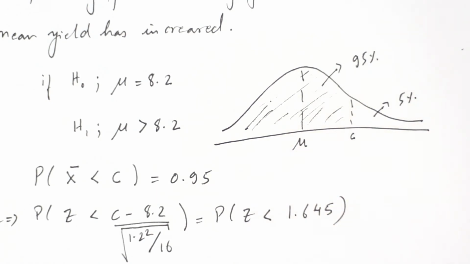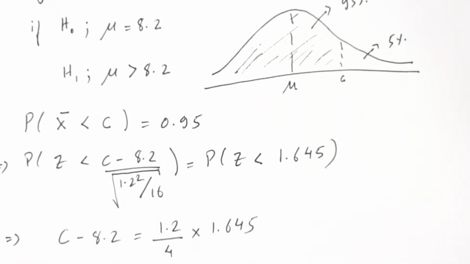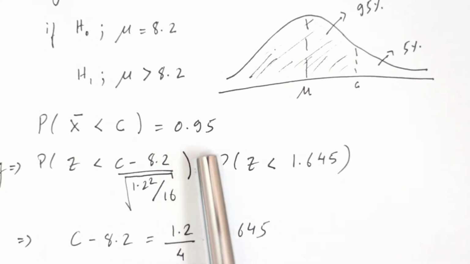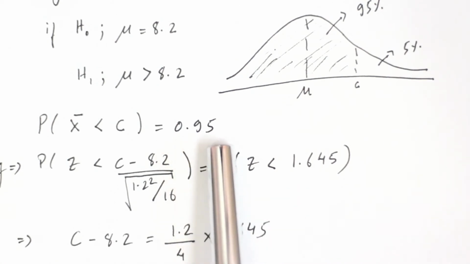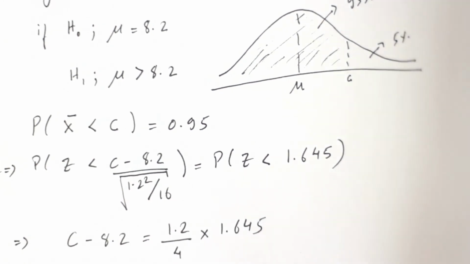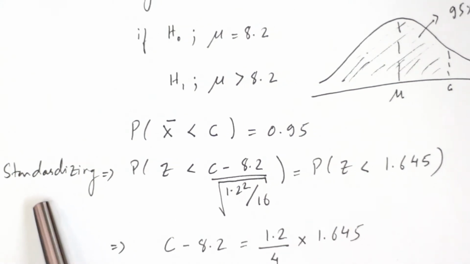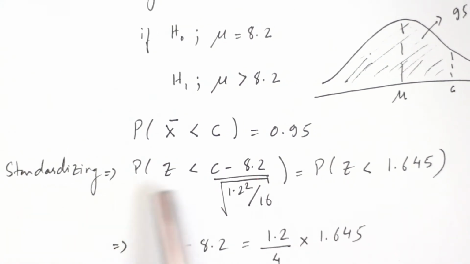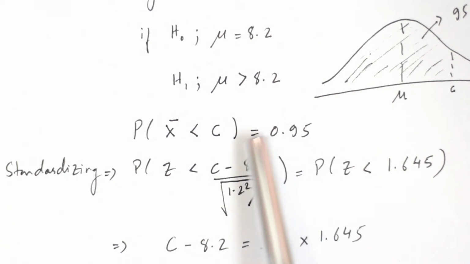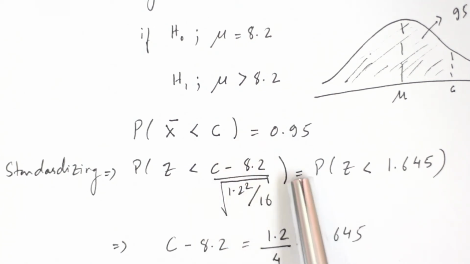Okay, and we have to check whether there is sufficient evidence that the mean has changed or not by a hypothesis test. Okay, then if it's a 5% significance level, it's 0.95, right? So again, if we standardize it, it's basically converting into Z variable, and it's C minus mean by standard deviation equals to this.